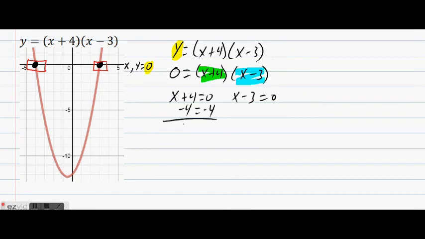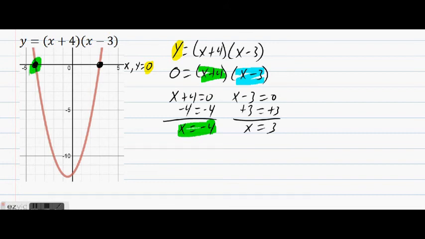I know you guys are good at this already, so x equals negative 4, add 3, x equals positive 3. What do you guys think here? X equals negative 4.